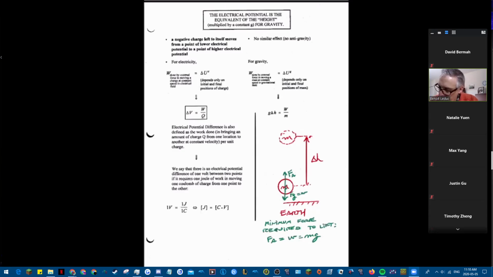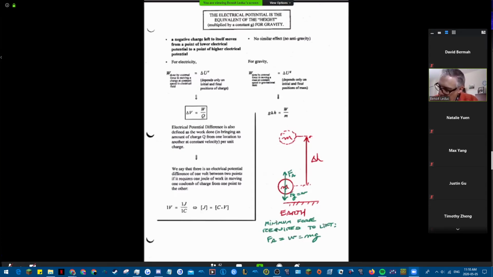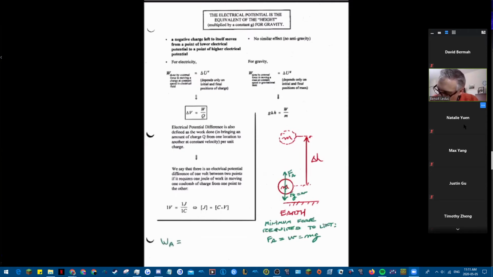All right, so the work done by the applied force is equal to this times delta d times cos of the angle, which of course will be 0 here. By the way, the mass will go up at constant speed, constant velocity.